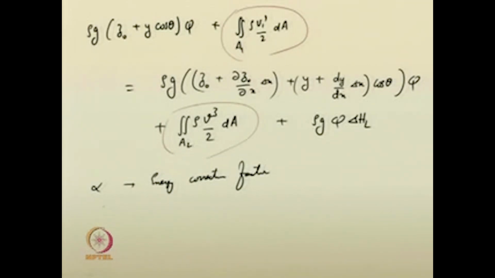So, I can then write the following: the integral of rho V cube by 2 dA is equal to the kinetic energy, the energy correction factor alpha times rho into the area into the average velocity, like this. So, both the places you write them, you will get the following relationship now.